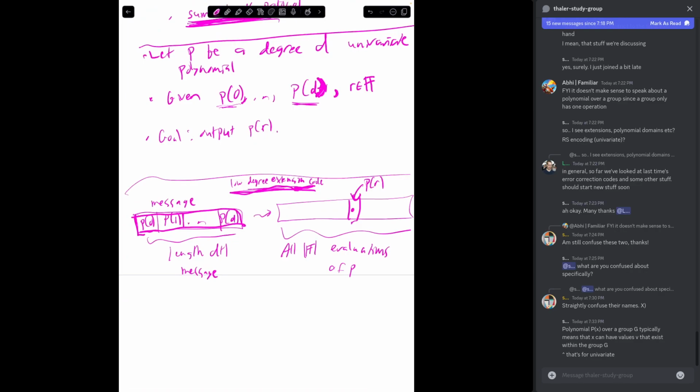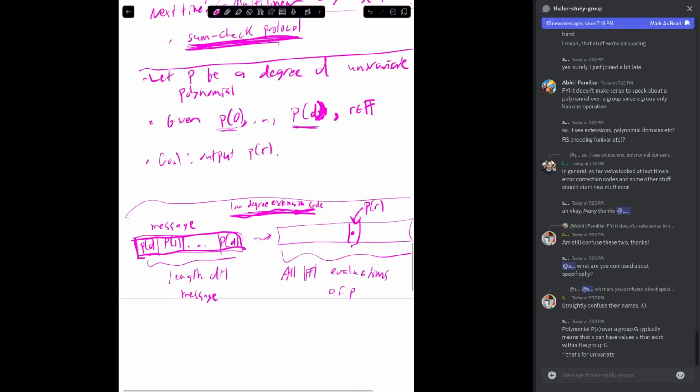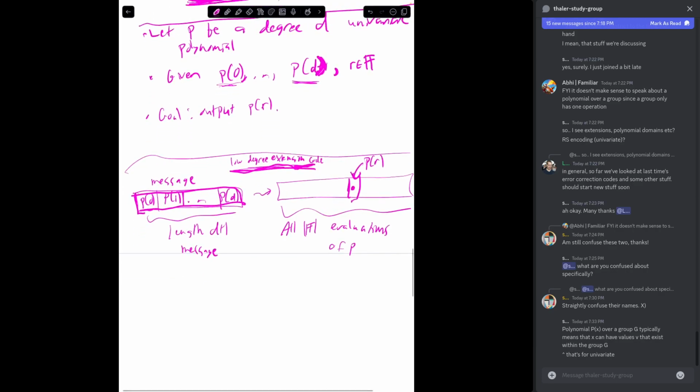As we'll see later, it's very natural to interpret those elements of the witness as evaluations of a polynomial instead of as coefficients of the polynomial. So this is a very efficient algorithm for evaluating a single entry of the low degree extension encoding of some message.